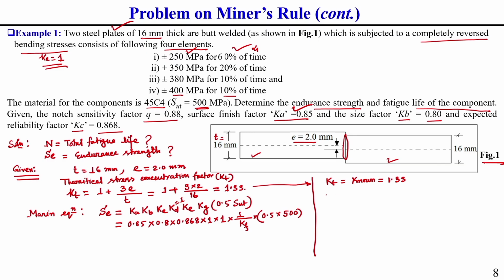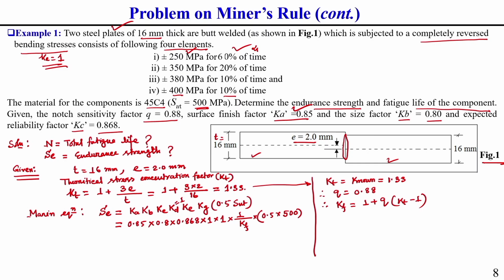Now the notch sensitivity factor q is given as 0.88. Based on this q value we can calculate Kf, which is 1 plus q into Kt minus 1. This formula is also known to you.